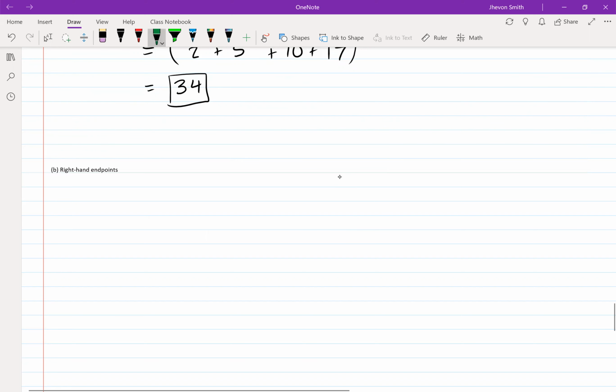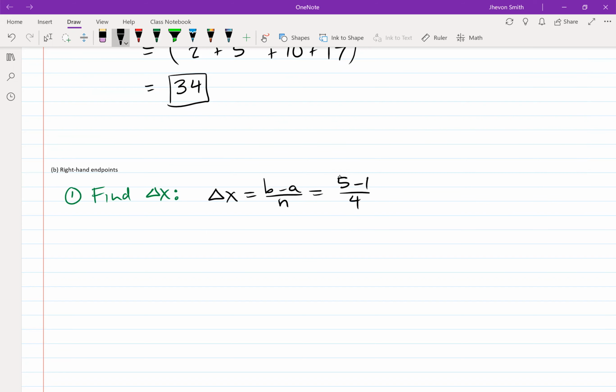Step 1, find delta x. You're going to write delta x equals b minus a over n. This is going to be 5 minus 1 over 4, which is 1. Step 2, sketch the interval and pick numbers.